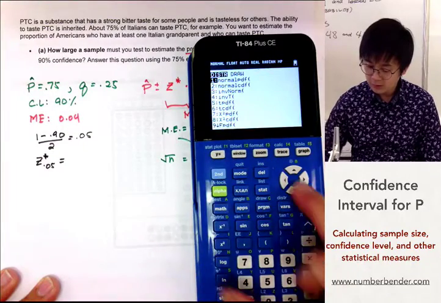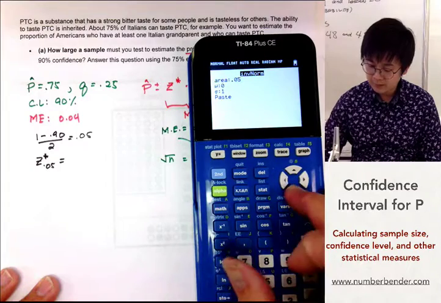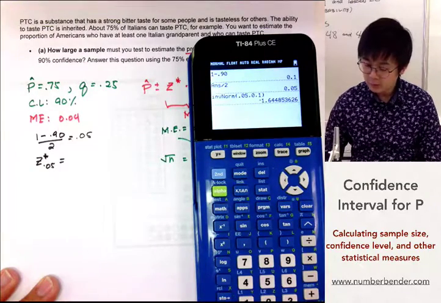Second function, vars, inverse normal, 0.05, which by default is 1.64.